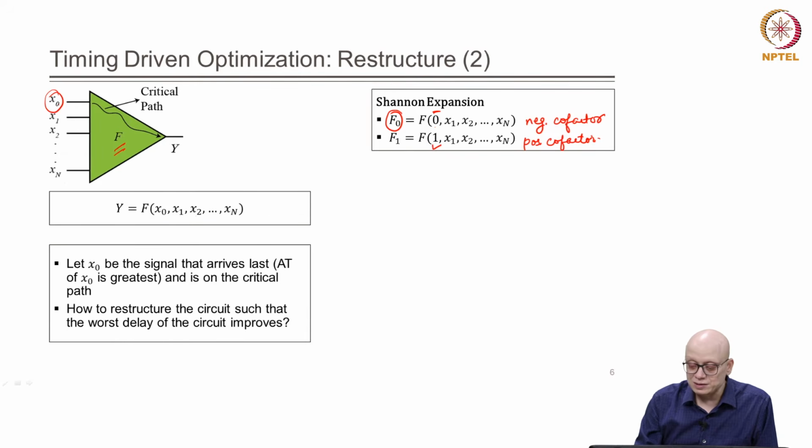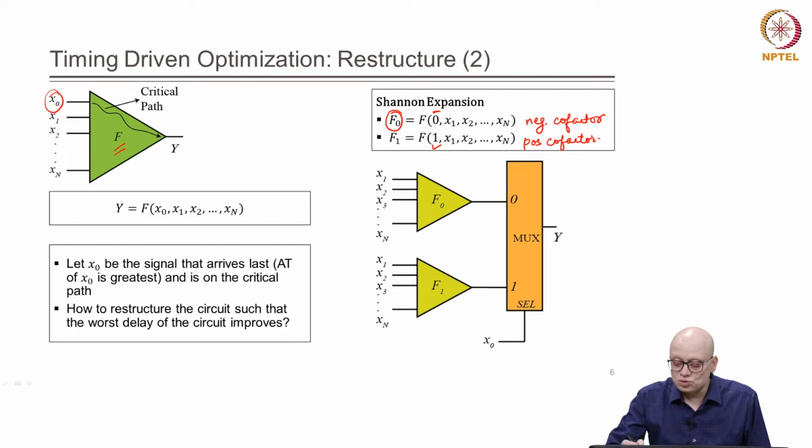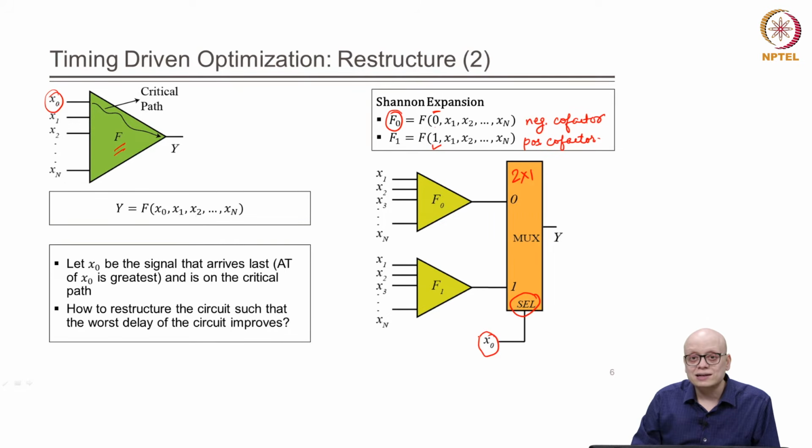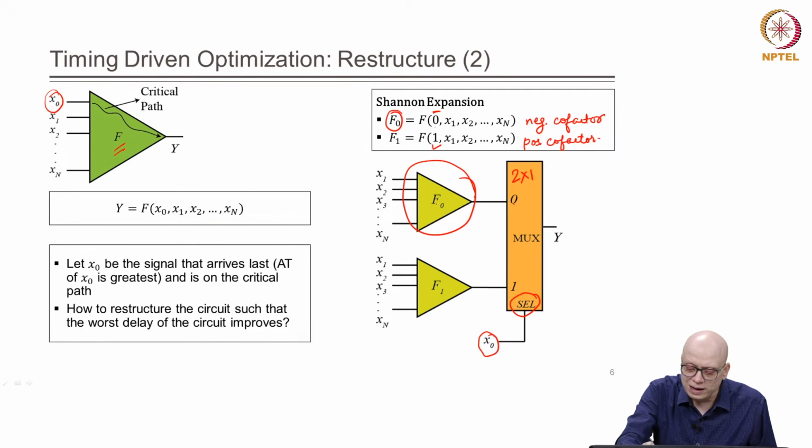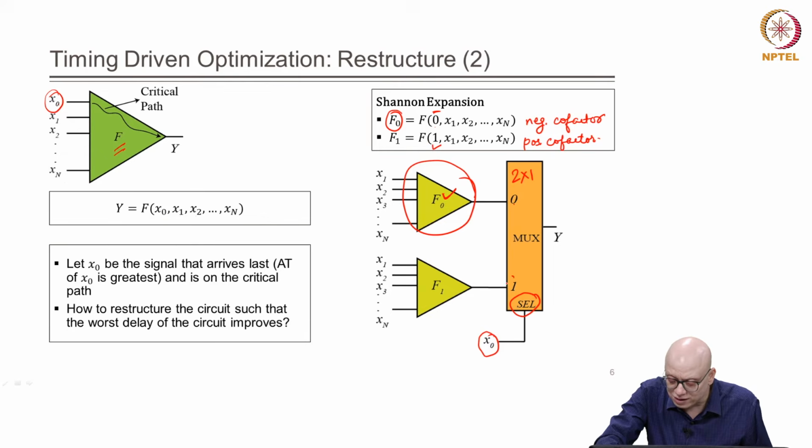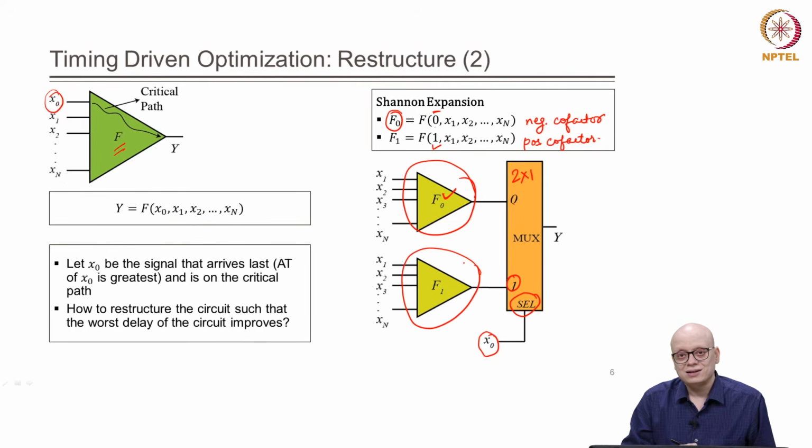How can we implement it? We can implement it like this. We use a 2 to 1 multiplexer, in which on the select line we have x naught, right. So, whenever x naught takes a value of 0, this f naught should be produced. So, now we implement f naught, right, and if x naught is taking a value of 1, then we select f1, or the positive cofactor, right.